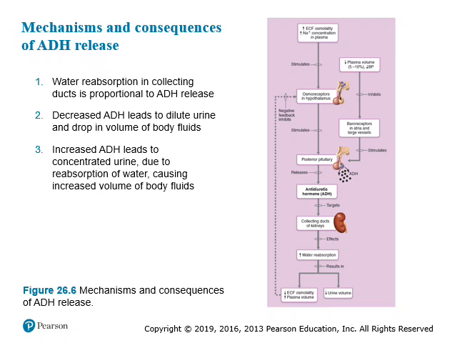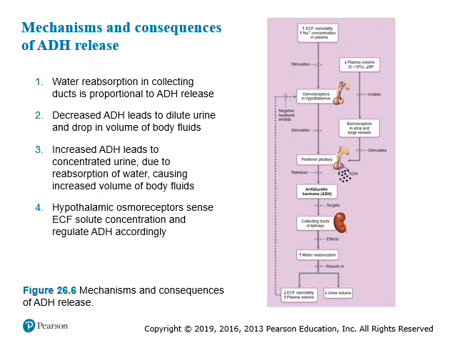Increased ADH, on the other hand, leads to concentrated urine due to increased reabsorption of water by the ADH, causing increased volume of fluids. Now, the hypothalamic osmoreceptors could sense the ECF solute concentration and could therefore regulate the release of ADH accordingly.